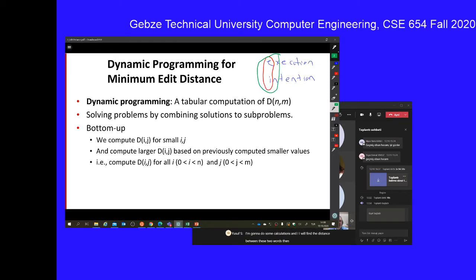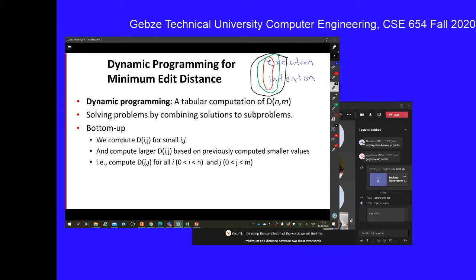Then I will continue, and then maybe I will find the distance between EXE and INT. That's the idea. We are gonna do this all the way to the completion of the words, and we will find the minimum edit distance between these two words.